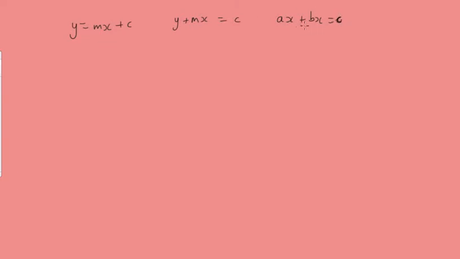You've seen equations like that for a straight line. Now we can extend this into three-dimensional space and have an equation for a line in three-dimensional space of ax plus by plus cz equals some constant d.